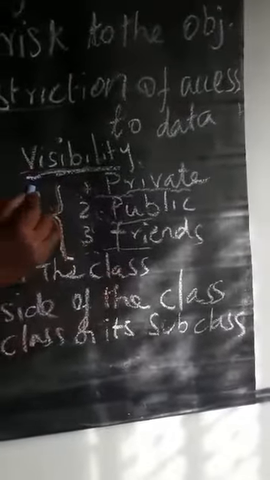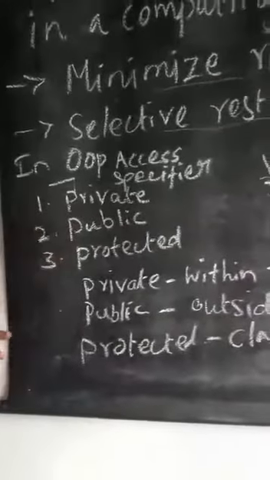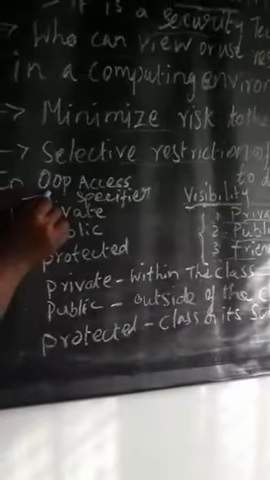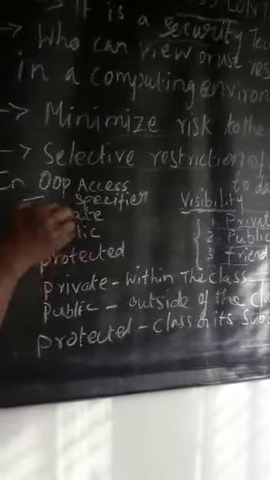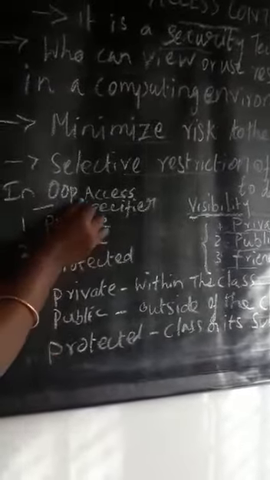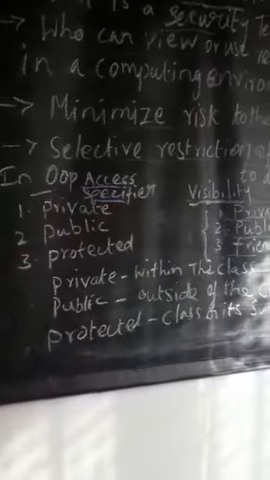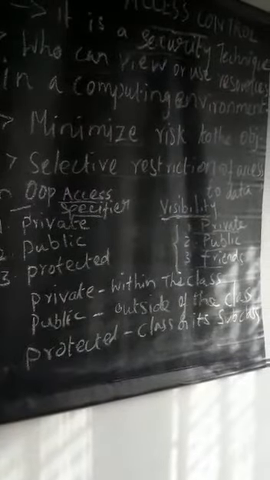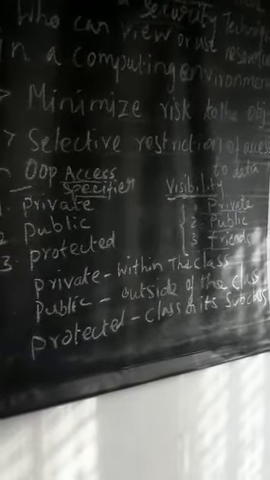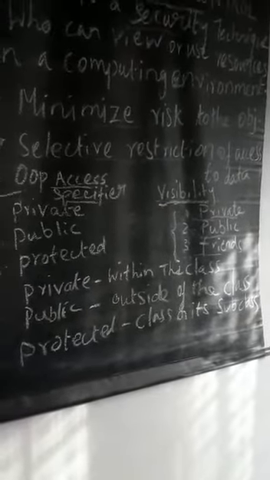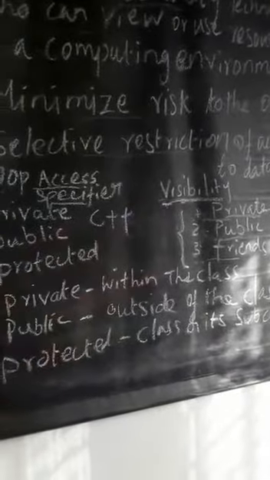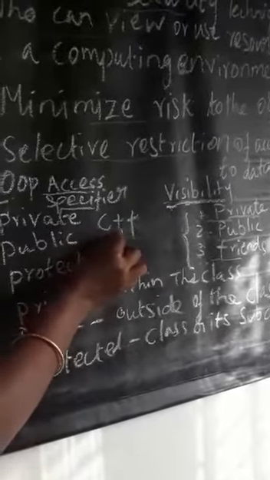This visibility mode concept is used in object-oriented programming, where we set the visibility mode through the access specifier. In 11th standard you studied the C++ language, which is object-oriented programming.